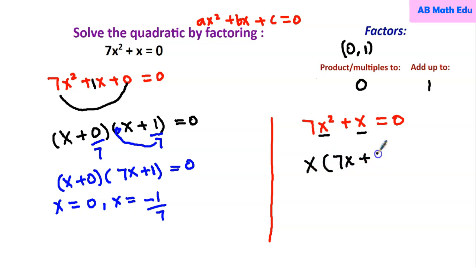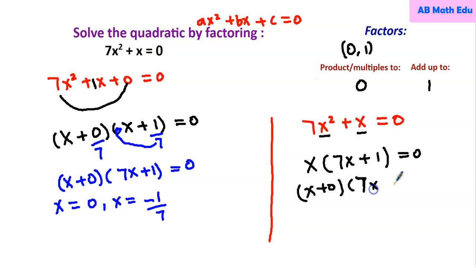So how can you get it back? It's times 1. Put it over here. And then, as I say, you look at your pocket, there's nothing over there, that means it's 0. Then you get your 7x plus 1. That gives you the factored form. And then that means it's 0, as we get it from there. And here, negative 1 over 7.